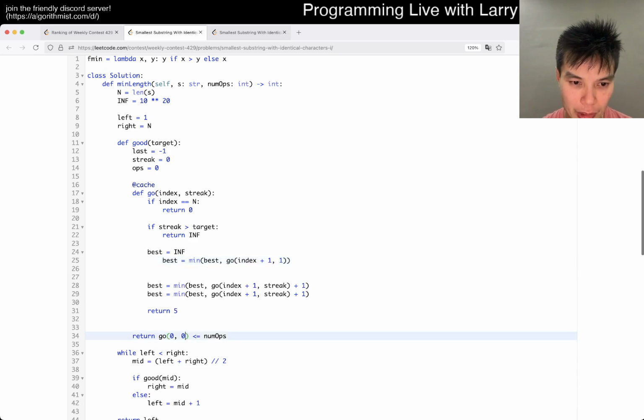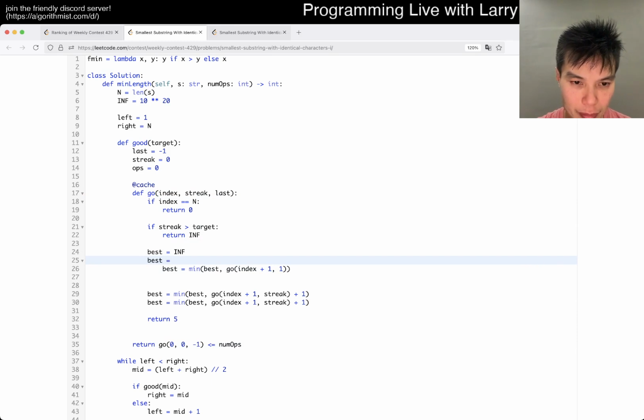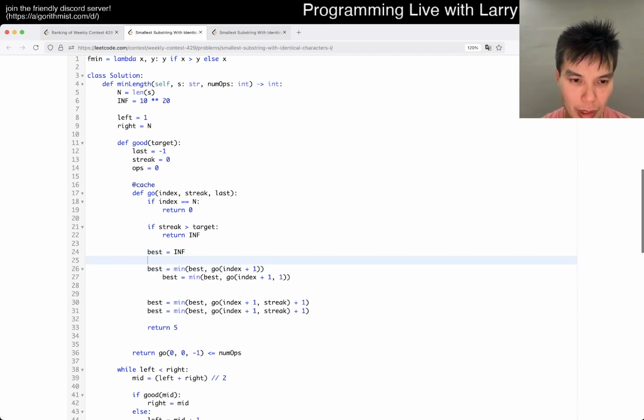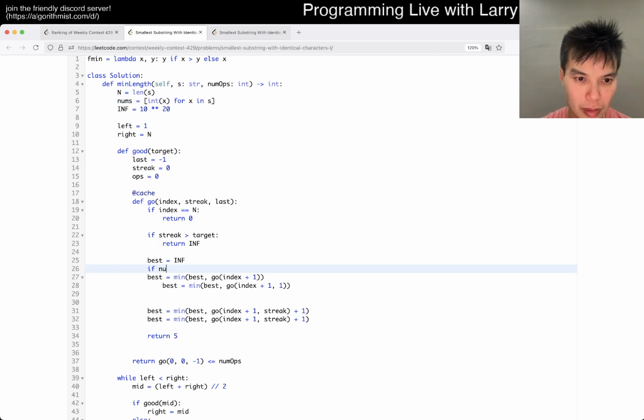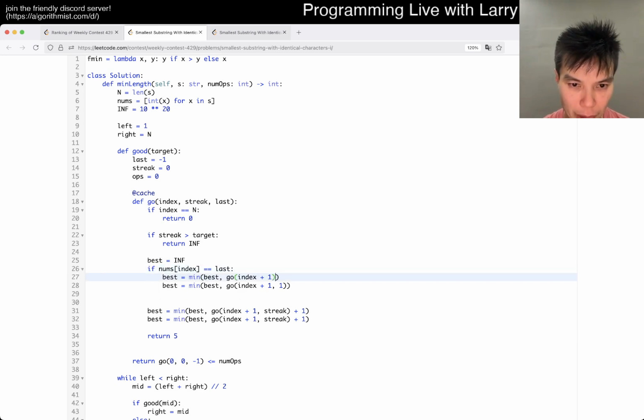Yeah, maybe it's okay just to, I don't know. If num sub or s sub index, if it's equal to index, then you can do streak + 1.